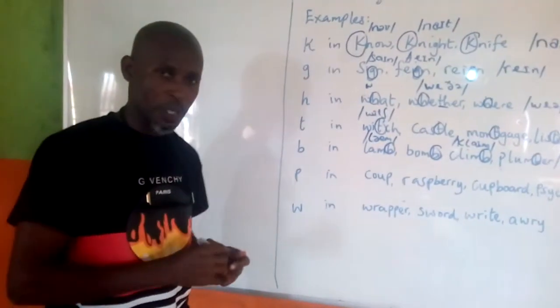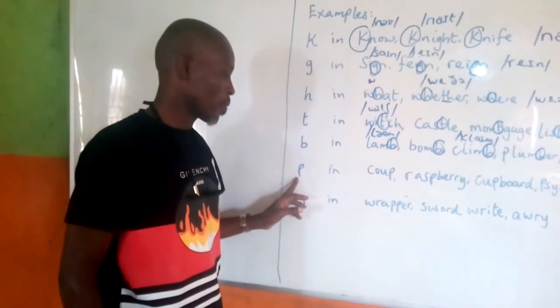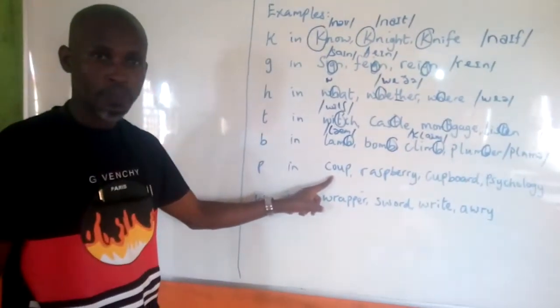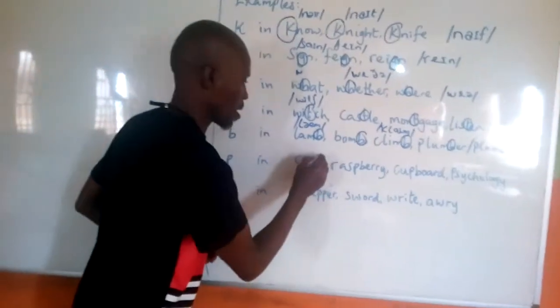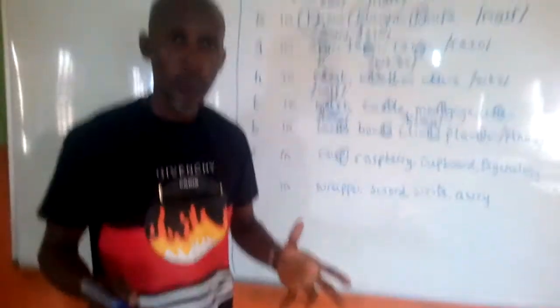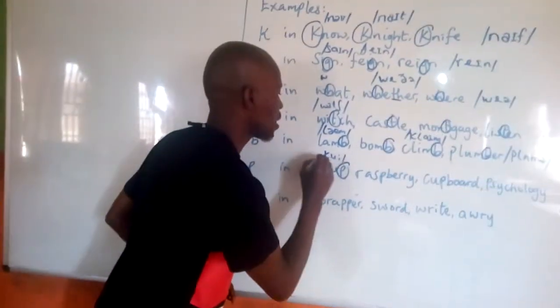Now let's look at another one. That is the letter P. This is another consonant sound. The sound is pronounced. Now let's look at examples. As in "coup", in "coup", the letter P is silent. It is not pronounced as "coop"; it is "coo".